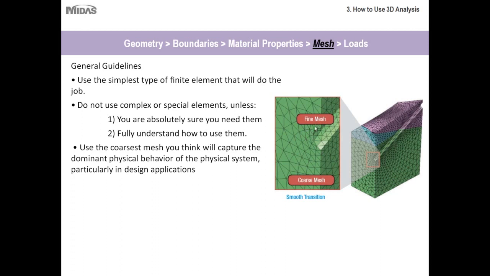Along areas where you have large amounts of strain, or certain areas where you're expecting failure, it's really important to have a more detailed analysis. The finer your mesh is, the more detailed your analysis will become, whereas the coarser your mesh is, the larger it is, the less detailed your analysis will become.